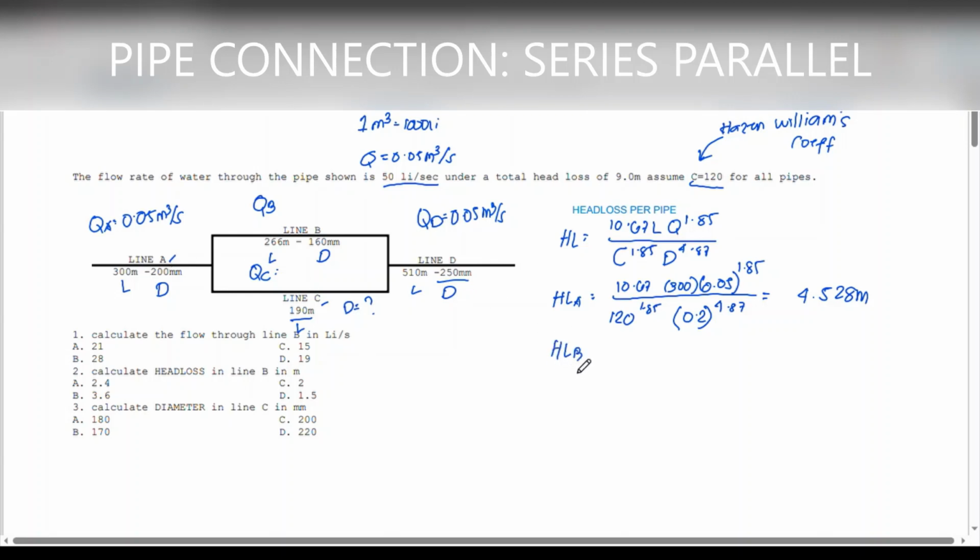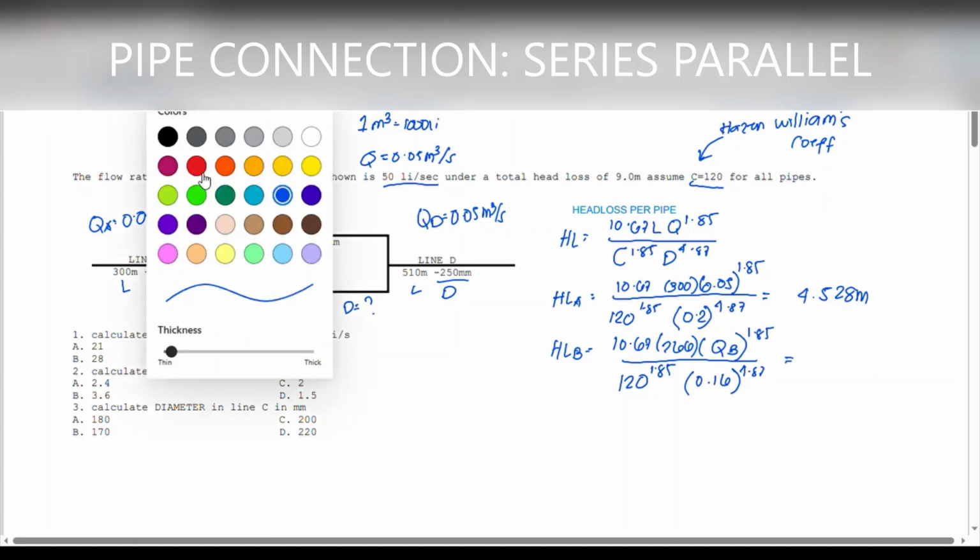Now, the head loss at B is equal to 10.67 L. L at line B is 266 meters. Q at B is unknown, so Q_B raised to 1.85 all over C, 120 for all pipes, raised to 1.85, times D, 0.16 meter, that is equivalent to 160 mm, raised to 4.87.